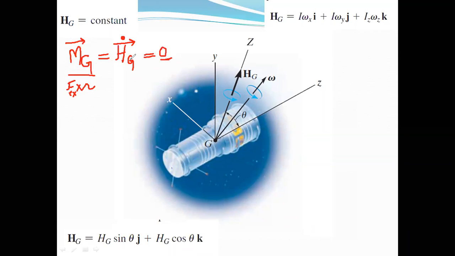We know that when the derivative of a physical quantity is equal to zero, then that quantity is constant. So if you have H_G dot equal to zero, that simply means that H_G is constant.